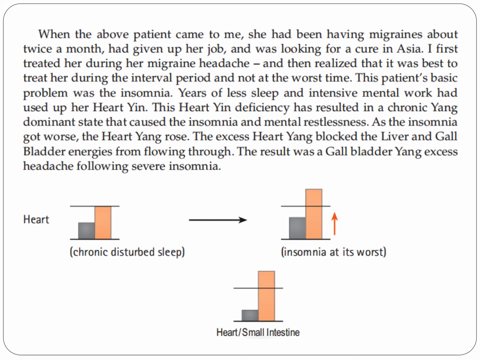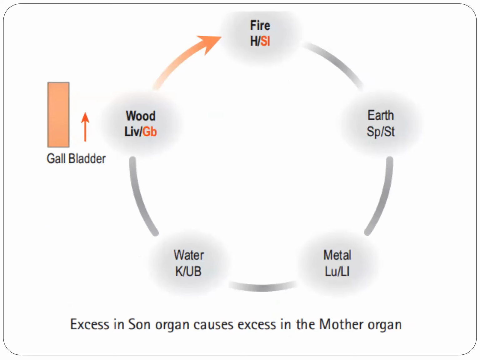Here in the tower diagram, from the heart, there was chronic disturbed sleep, with yang higher than yin. Then it became insomnia, became worse, and the yang rose even more while the yin was deficient. The heart and small intestine had excess yang and deficient yin. This drawing shows excess in yang.